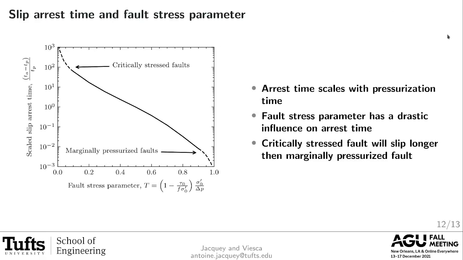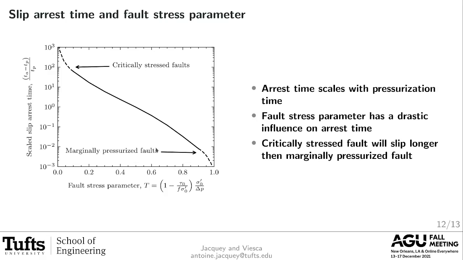And finally, we had a look at the arrest time of aseismic slip as a function of the fault stress parameter. We consider different values of the fault stress parameter by varying the initial shear stress acting on the fault.